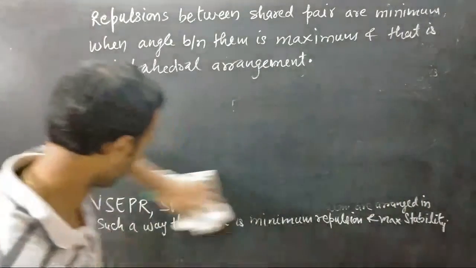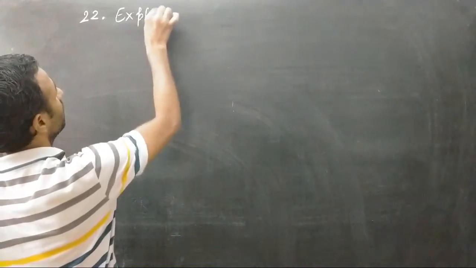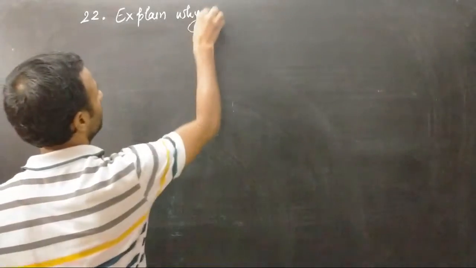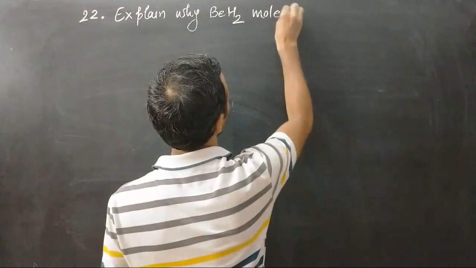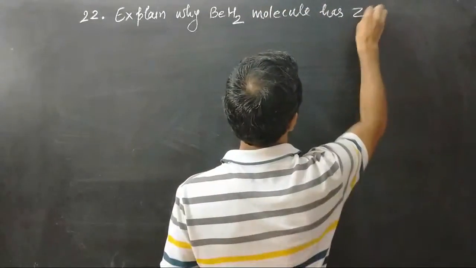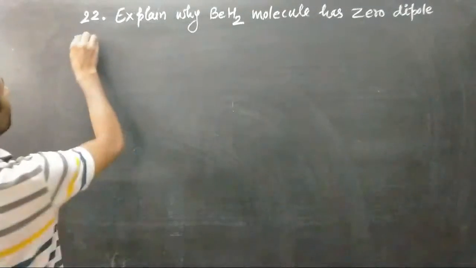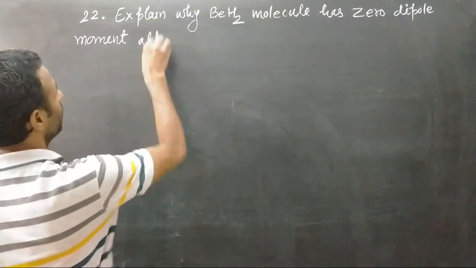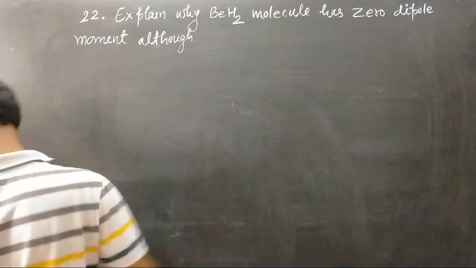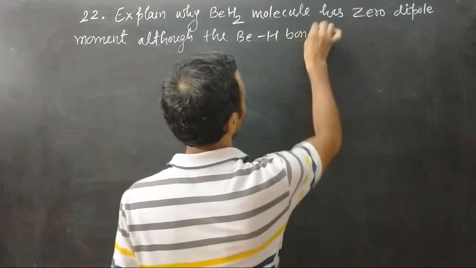Now question number 22. Explain why the BeH2 molecule has zero dipole moment, although the Be-H bonds are polar.